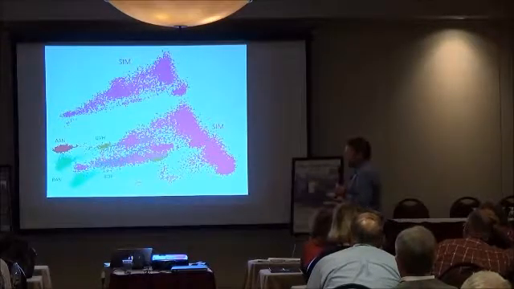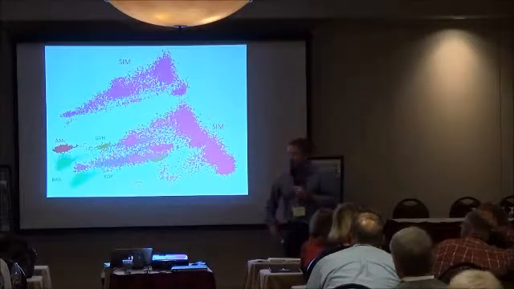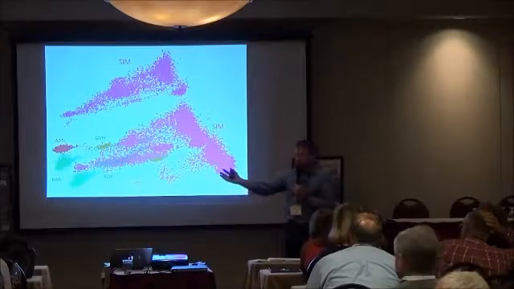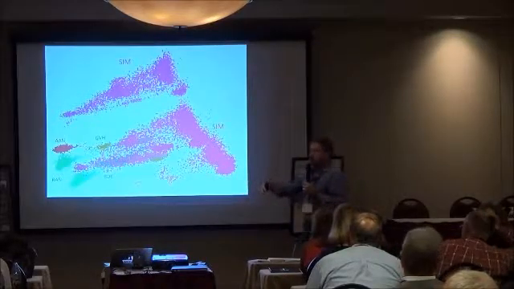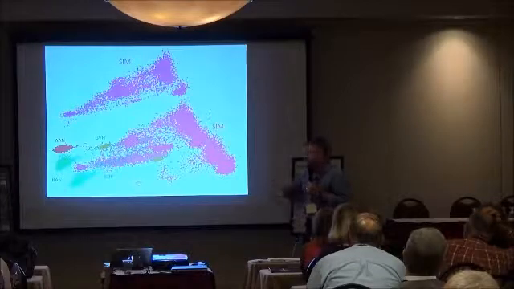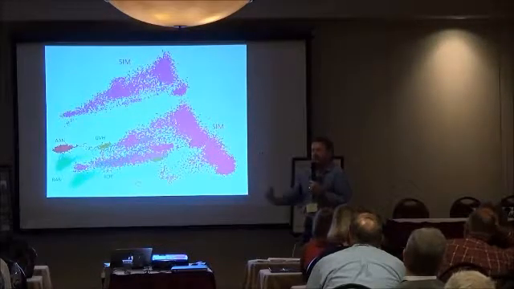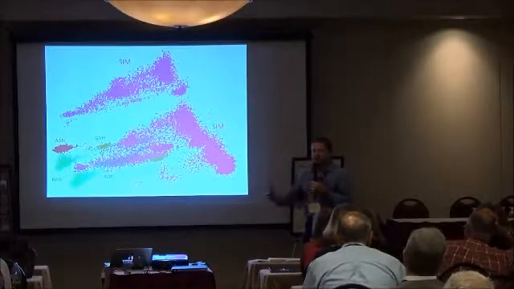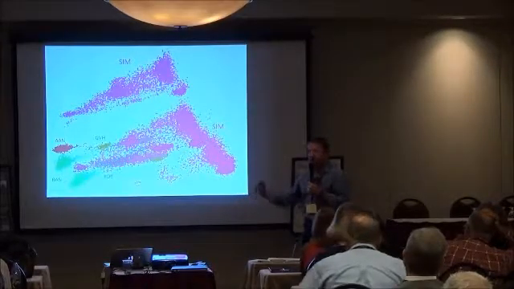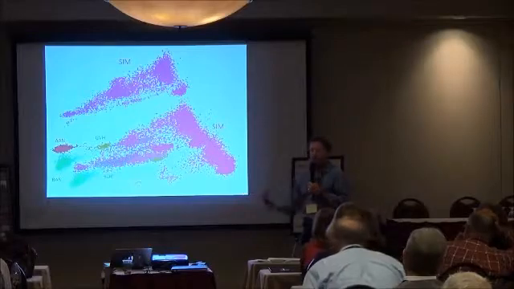To explain that in rancher language, if I put a whole lot of cattle in a pen and asked you to sort them out just on whatever you thought, you would look at them, and if there were big ones and little ones, you'd probably put the little ones together and the big ones together, and if some were fat and some were skinny, you'd put the fat ones together.